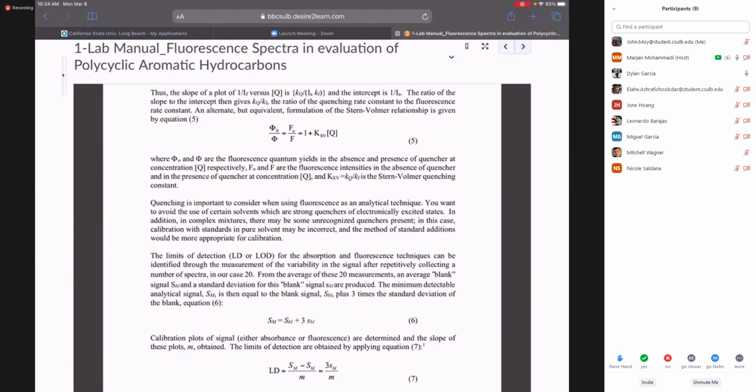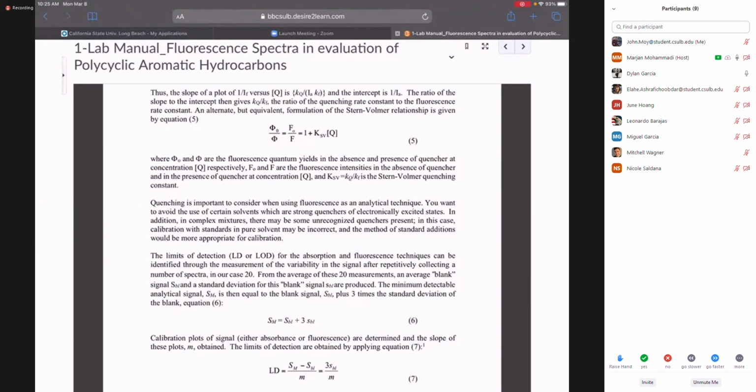Hold on, let me clear it. UV-Vis is for all PAHs. Clear. Fluorescence part, regular fluorescence spectra, for all PAHs. Clear. So: UV-Vis for all concentrations, all PAHs.